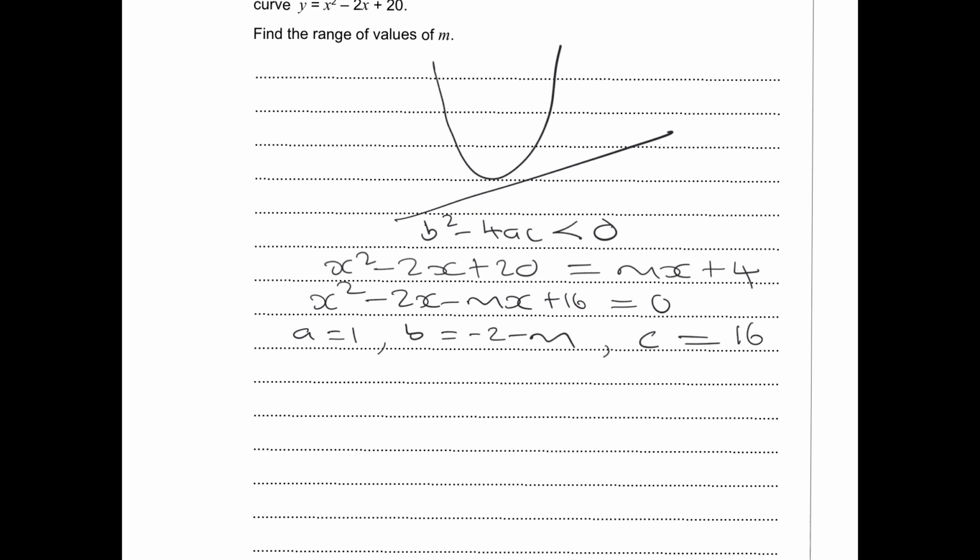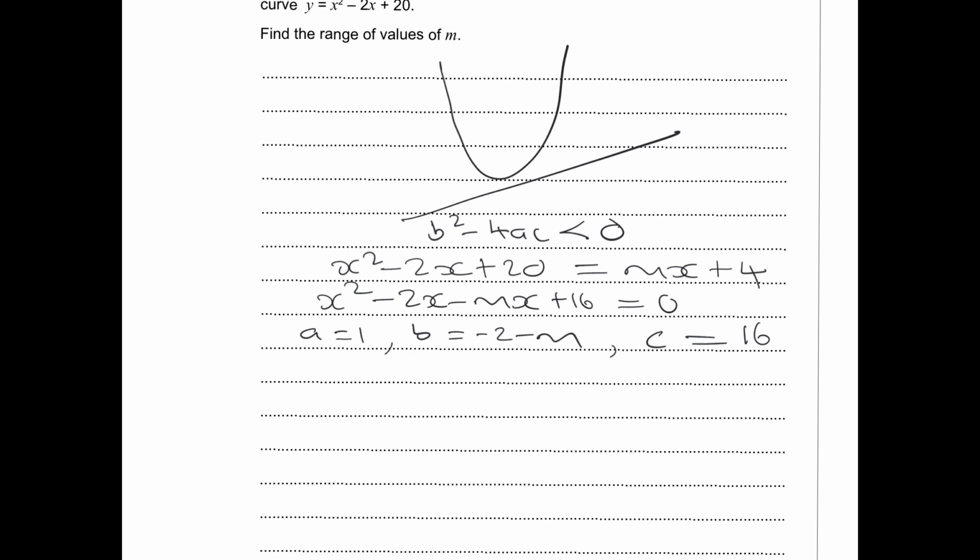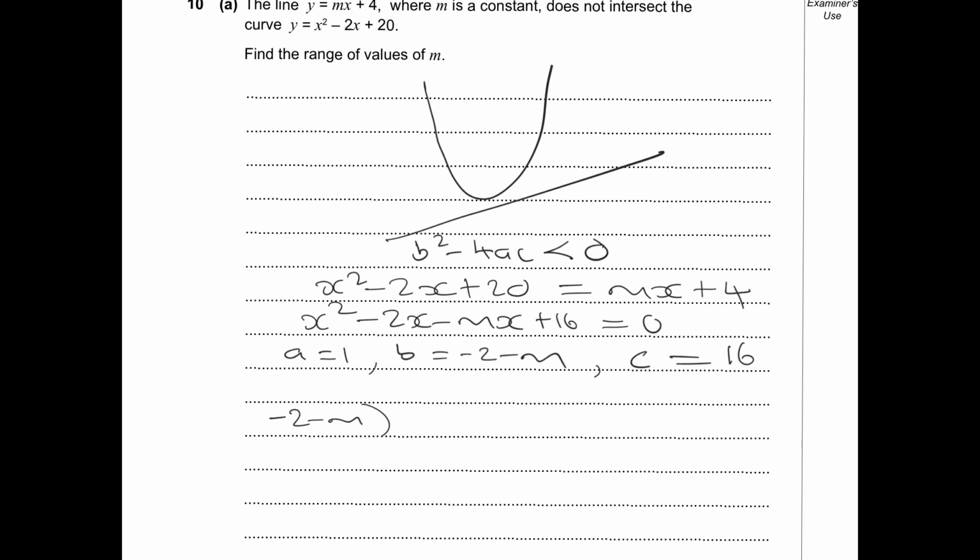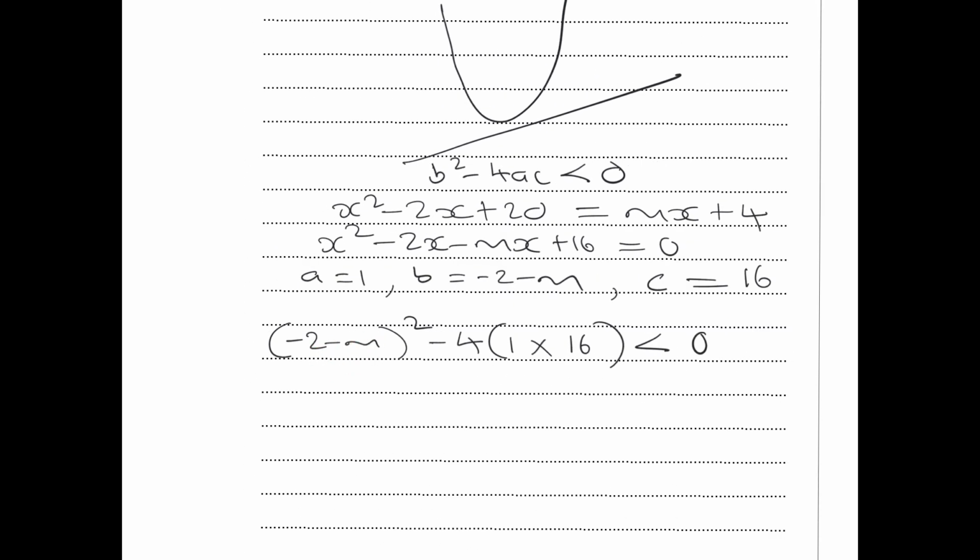All right, so with that we can then substitute a, b, c into this inequality there. So we're going to have negative 2 minus m, squared, minus 4 times a, which is 1, times c, which is 16. That should be less than 0. Now expanding this part here, what are you going to have? Negative 2 squared, we have 4. Then negative 2 times negative m, that's positive 2m, times 2, we're going to get 4m.